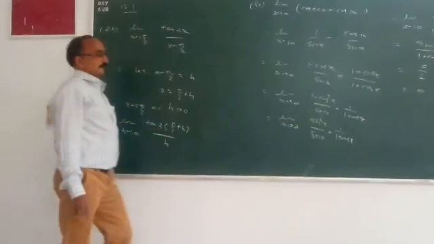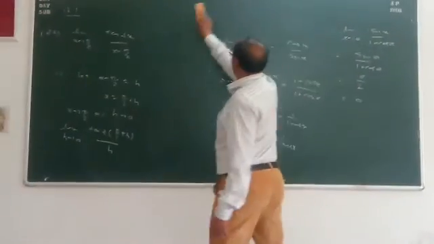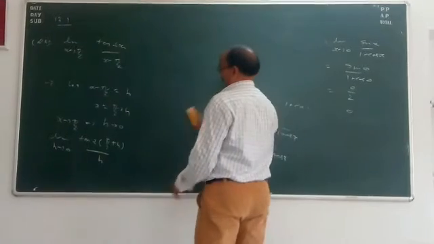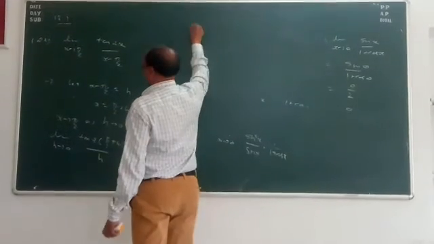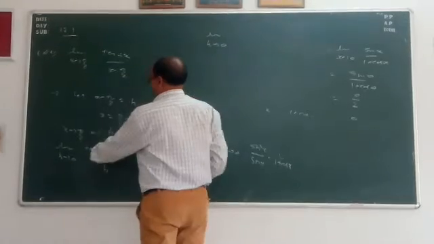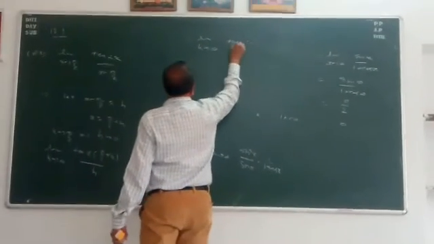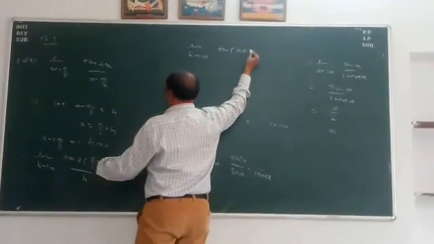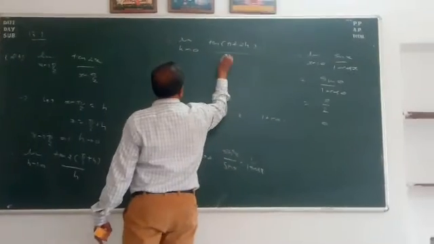Now put it inside. Here we get limit h tends to 0, taking inside, we get tan pi plus 2h upon h.